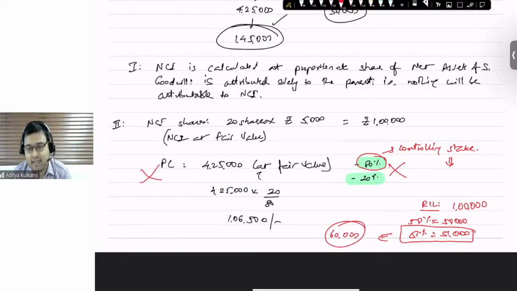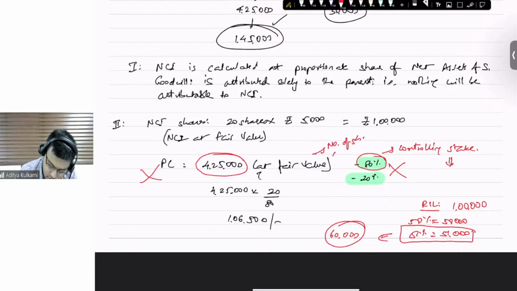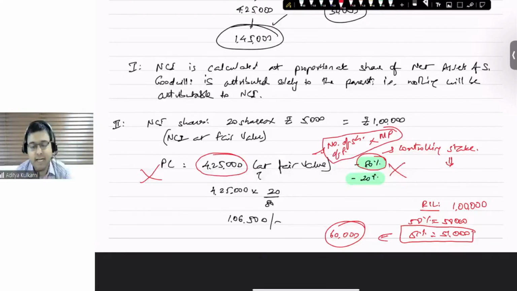If you are really serious about acquiring, pay 60,000 and get the 51% share. So this 4,25,000 is not as simple as the number of shares of P multiplied by market price. It is something far more than this value.